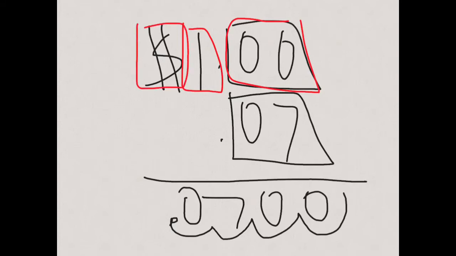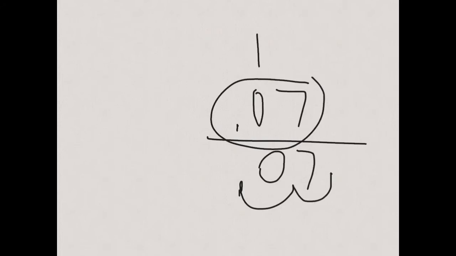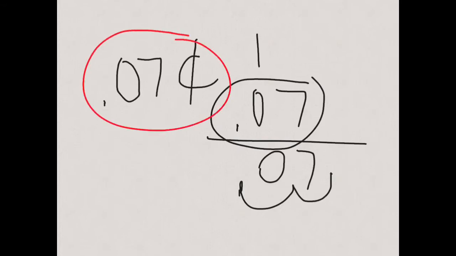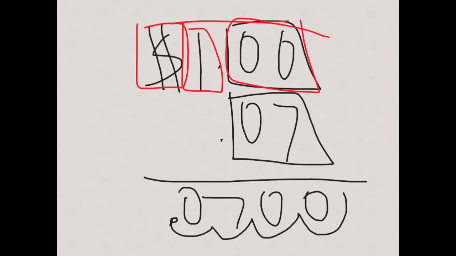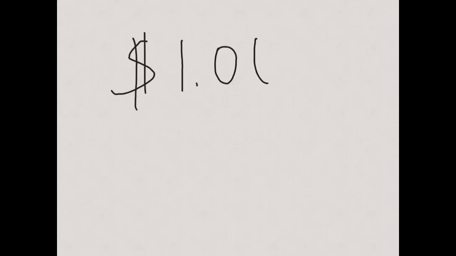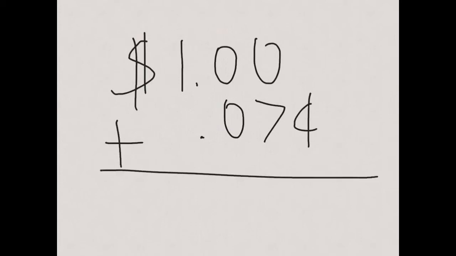So let's go back here. So I have 0.07. What is 0.07? Well, that's 7 cents. You take these taxes and add it to the original price. You've heard that term before. So what is $1 plus 7 cents? $1.07.